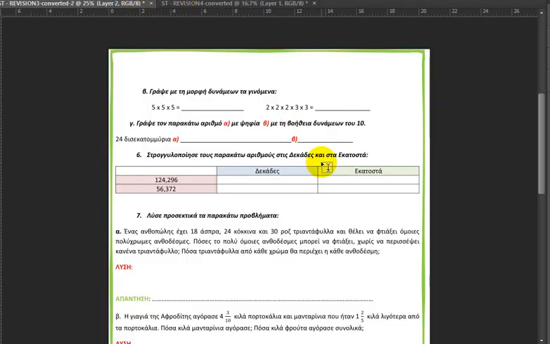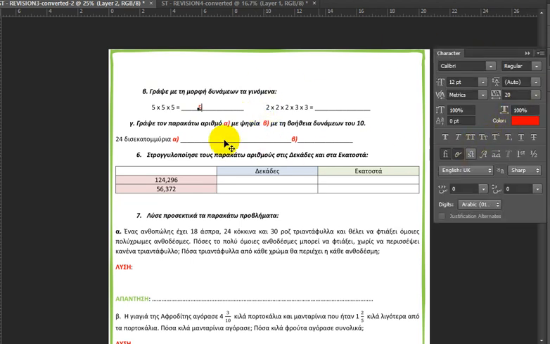All right. I want to write these as exponents. And the answer here would be 5. Since we have 3 5's, this is 5 to the 3rd. All right.